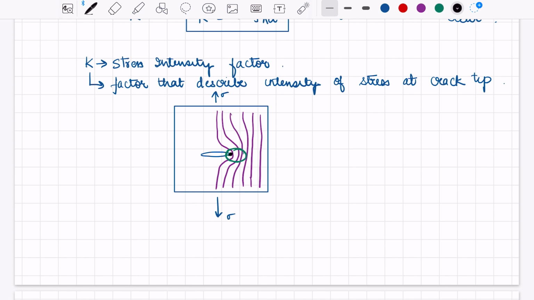stress at the crack tip will be sigma m and the stress at the edge will be sigma.